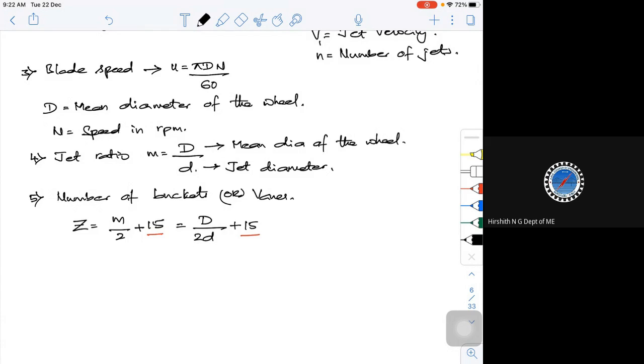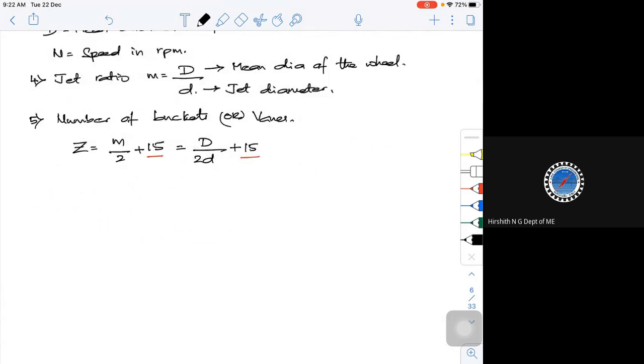Now, regarding the dimensions of your bucket. As I told, suppose this is the wheel, so this is your bucket. It will be something like this. Now if you see from the front, this is the thickness of the bucket.